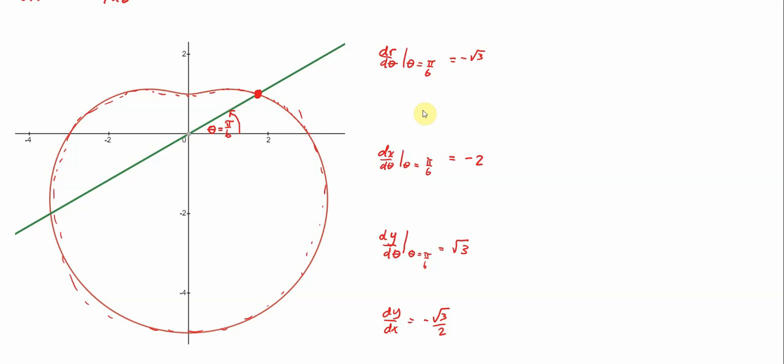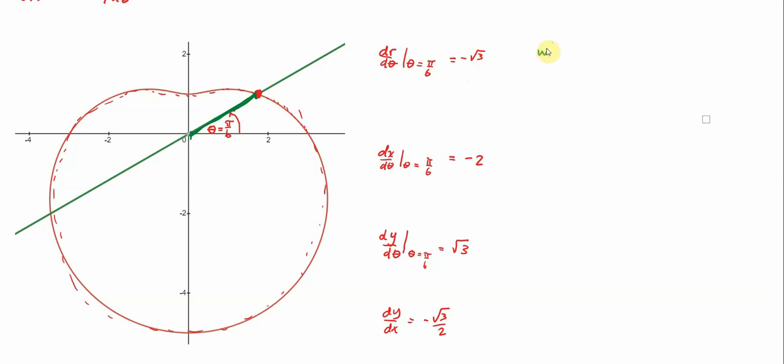First, dr d theta is equal to negative root 3. dr is the change of the radius, so that's the length of this green line right here. At this particular moment, this green line segment is shrinking by this much, negative 1.7 or so.